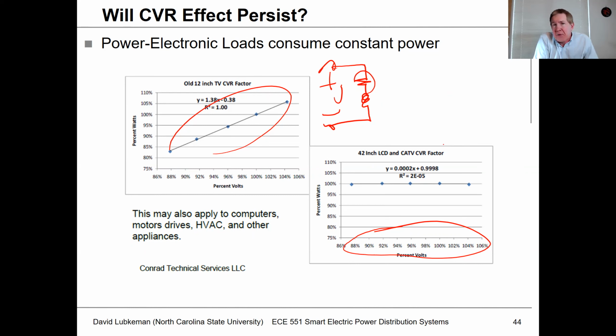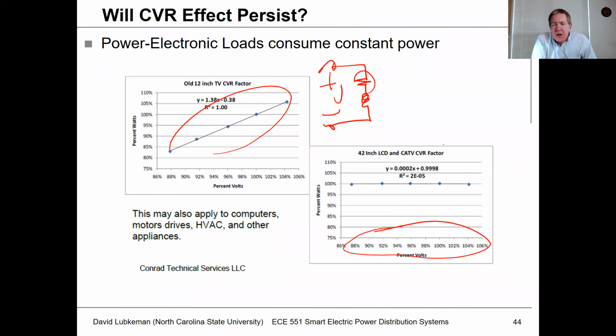We're seeing it now with lights. It used to be we had these incandescent light bulbs and you could actually see them dim a little bit when the voltage dropped. Now with these newer types of lighting controls, they're power electronic based. And so they're going to have the tendency to consume the same amount of power, regardless of whether you have a couple percent deviation in voltage or not.